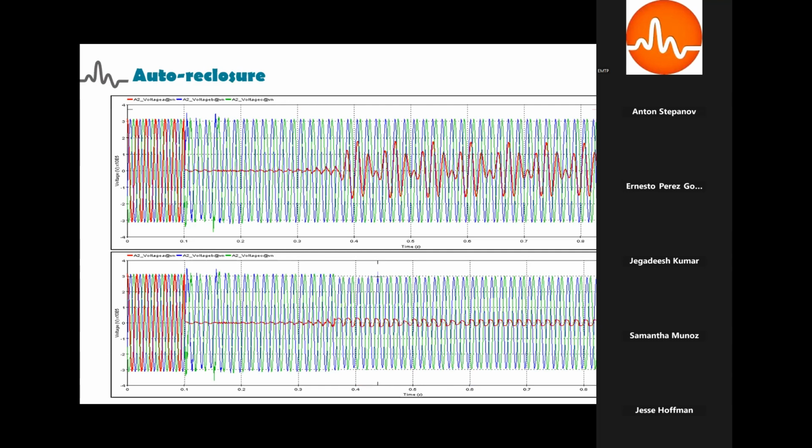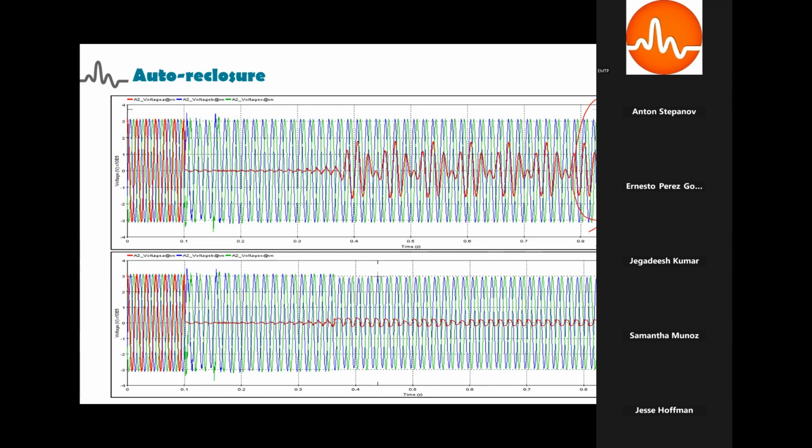So this graph here shows a typical reclosure scheme. The first graph shows that the reclosure has been done after extinction of the secondary arc, and as per this diagram there is a successful reclosure, the voltage has been developed and the system has returned to normal operating condition.